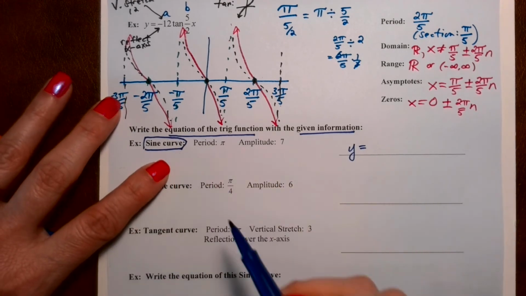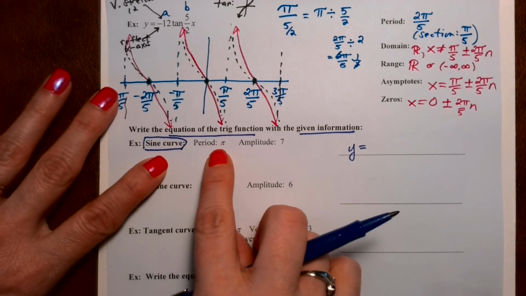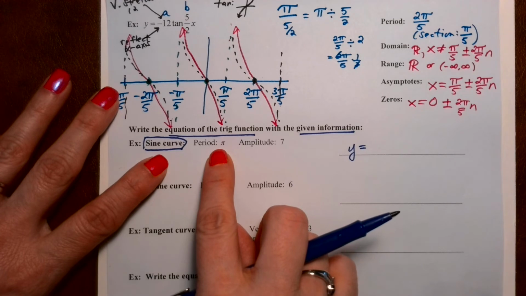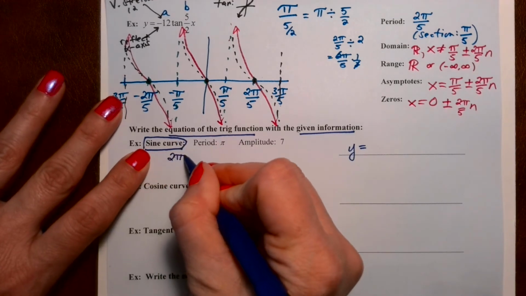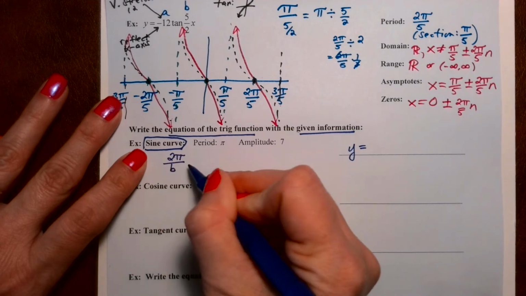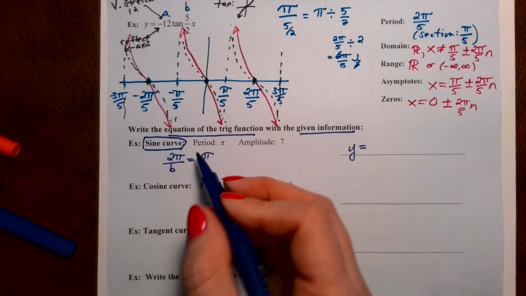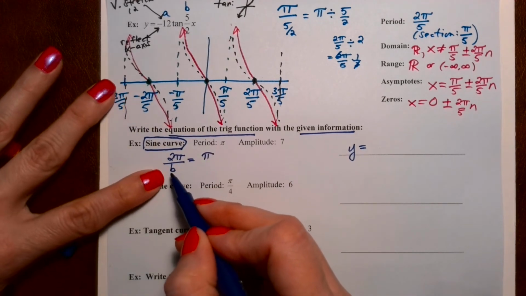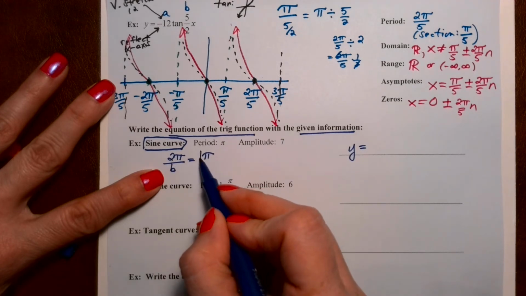The sine curve formula for period. Okay, what is that usually? Okay, so the formula is 2 pi over b, and they're saying that the period is pi. I wonder what we should make the b value be. 2 divided by b to make a 1.